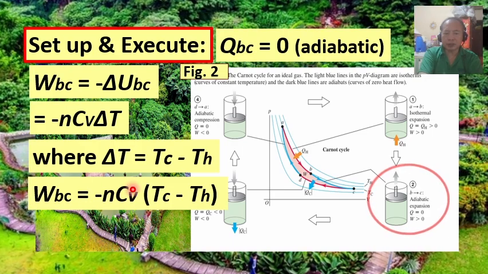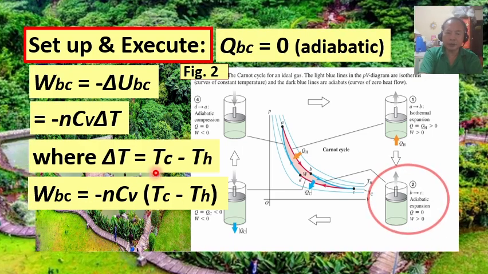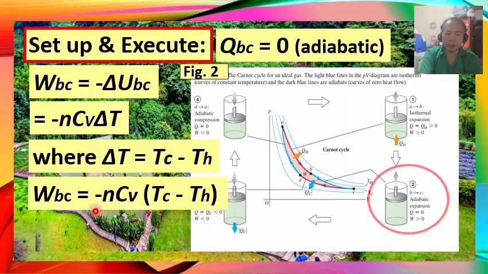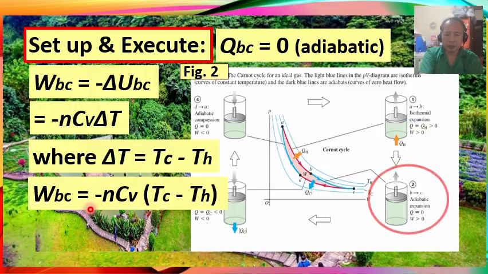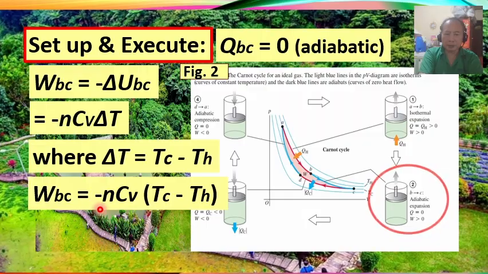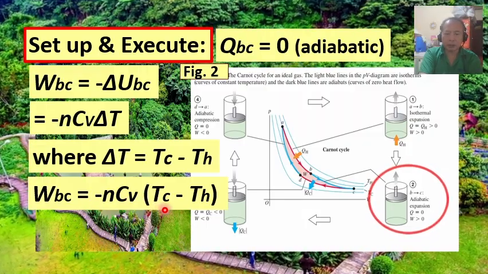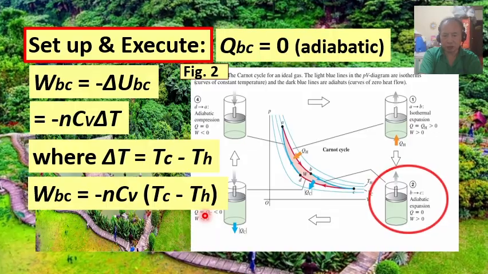So using this expression, the work done W_BC is equal to negative n times C_B times quantity Tc minus Th.